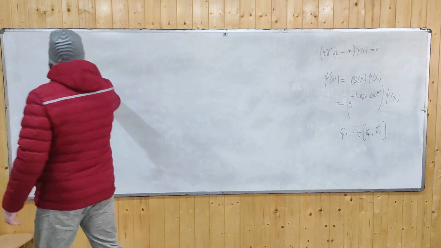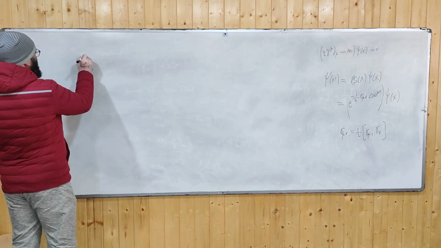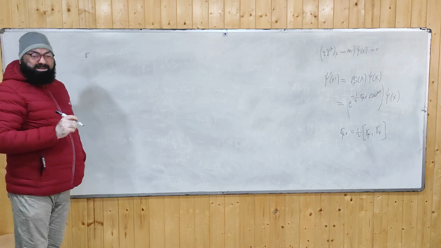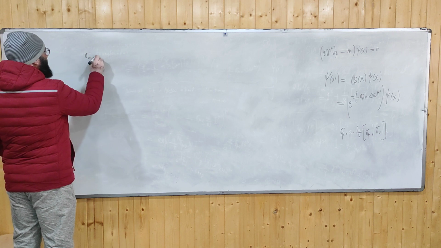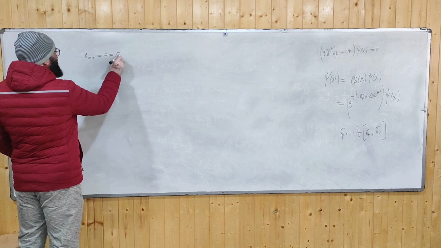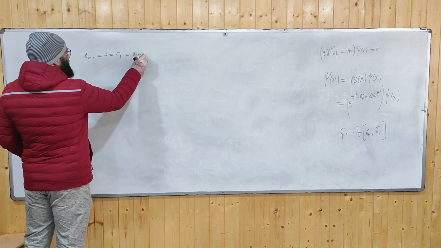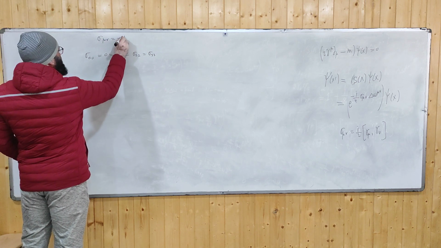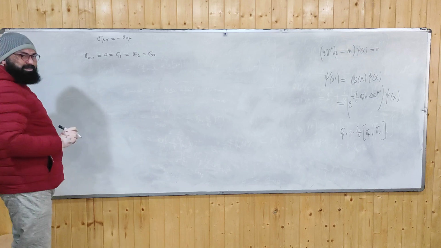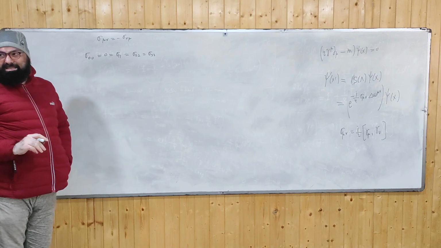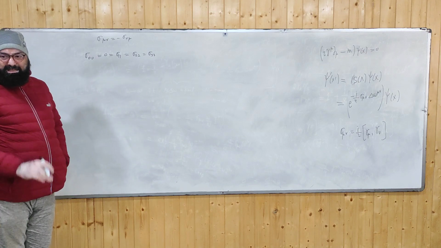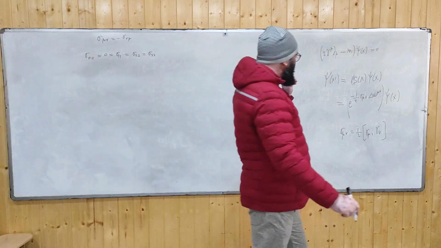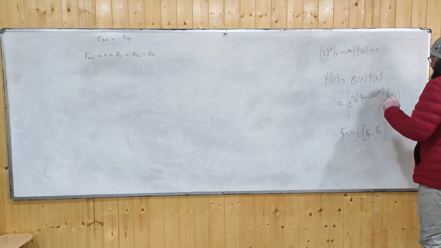So let me take, since it is an antisymmetric matrix, sigma 0 0 is equal to 0, equal to sigma 1 1, equal to sigma 2 2, since sigma mu nu is minus sigma nu mu. So that means you need to consider only the 6 elements of this very matrix.